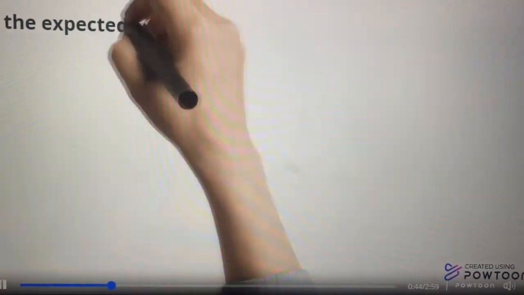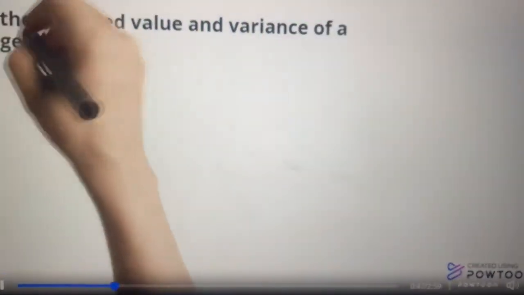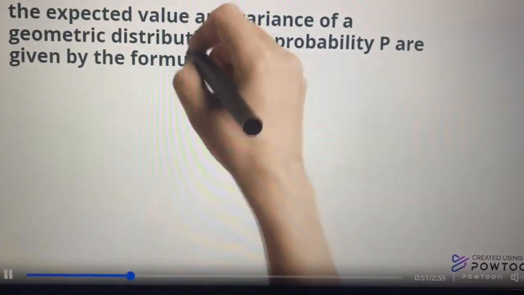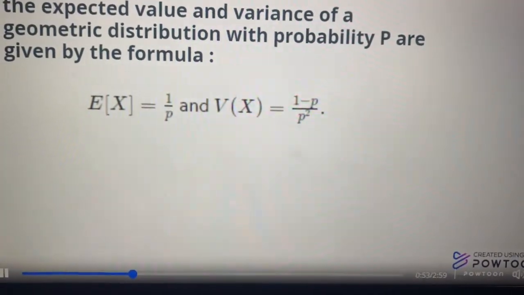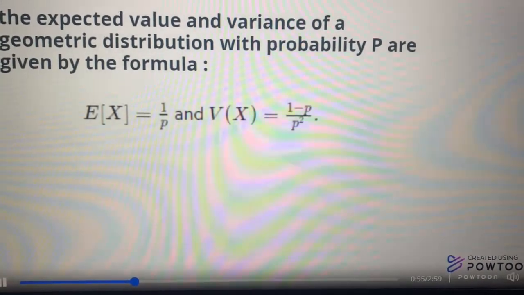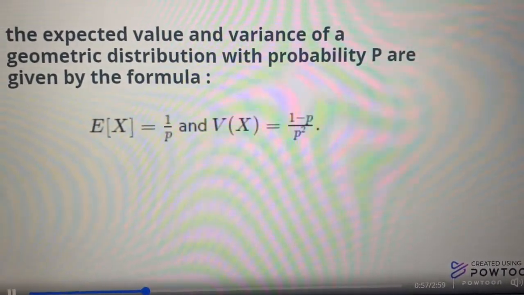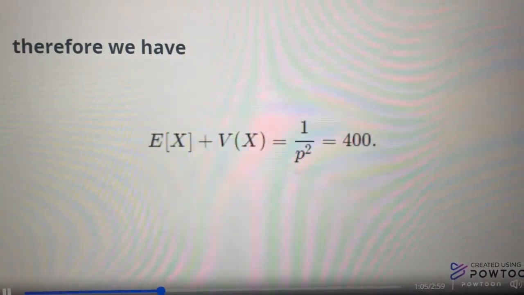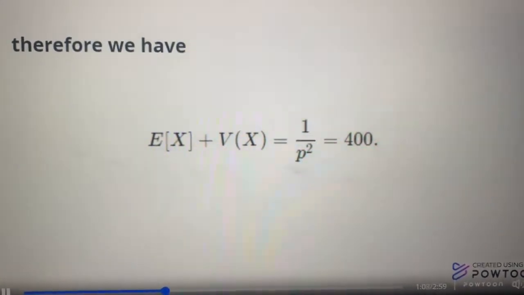The expected value and variance of a geometric distribution with probability p are given by the formulas E[x] equals 1 over p and V[x] equals (1 minus p) over p squared. Therefore, we have E[x] plus V[x] equals 1 over p squared, which equals 400.